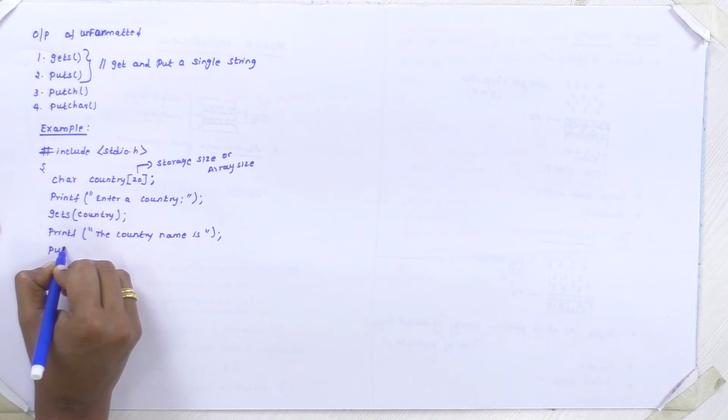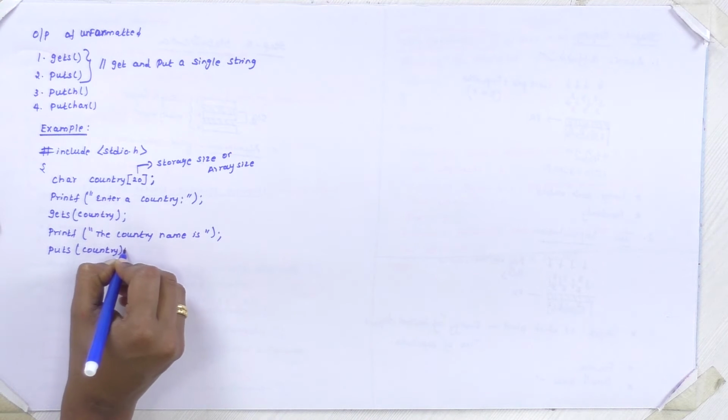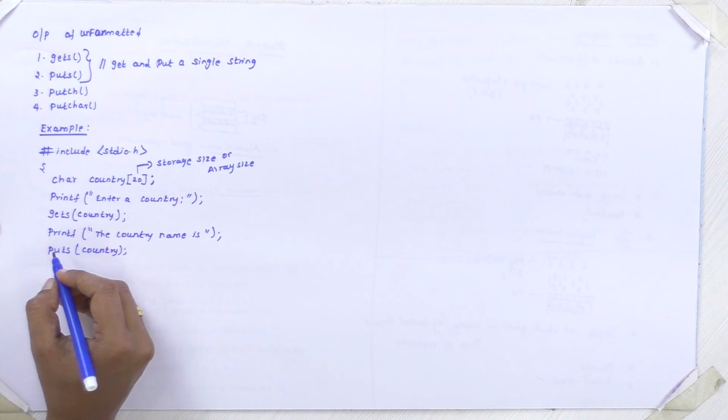So by using puts, I am going to print the data. It is a simple syntax: gets followed by the variable name, and puts followed by the variable name.